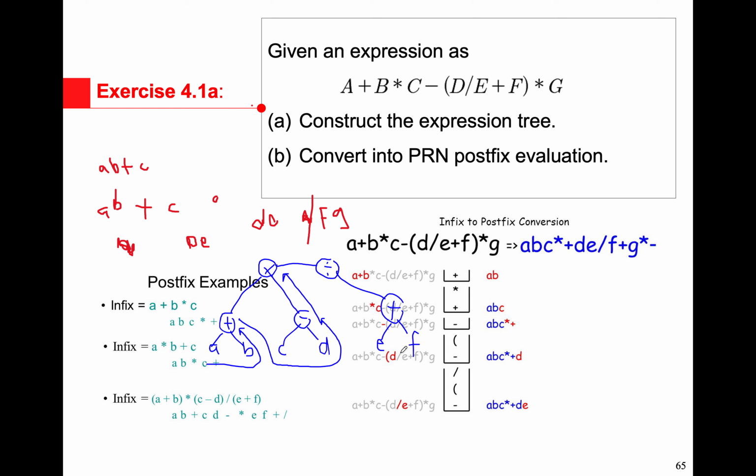Then from here you have E, F from left to the right, and then parents, and then parents. That's why you will get A, B plus C, D minus multiplication E, F plus divisions.